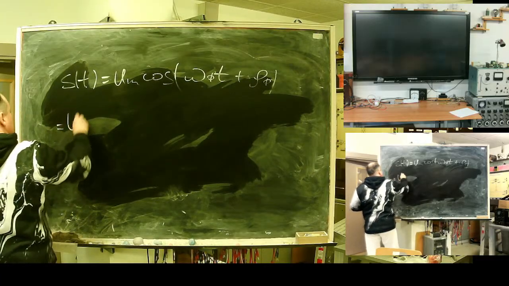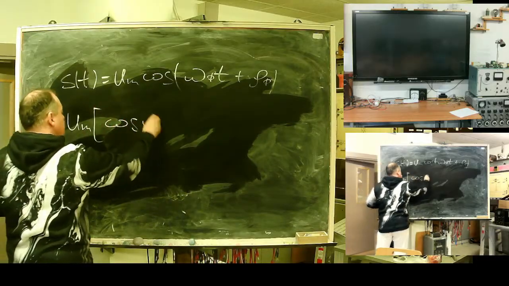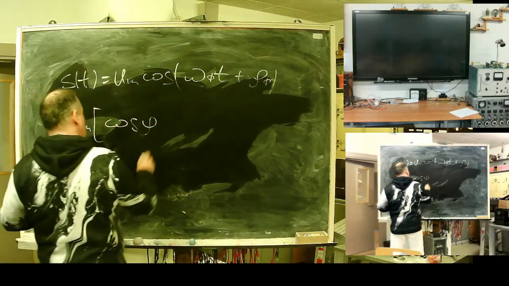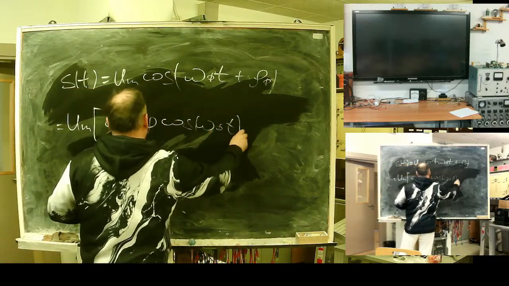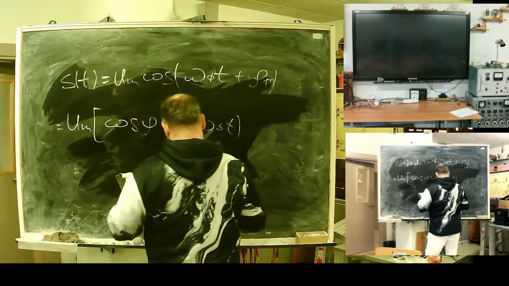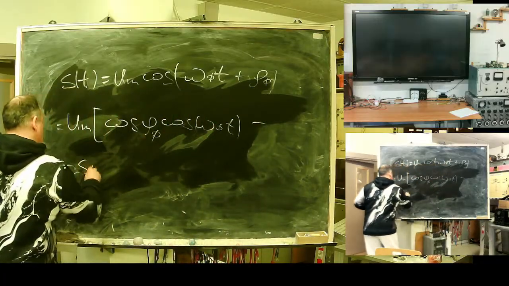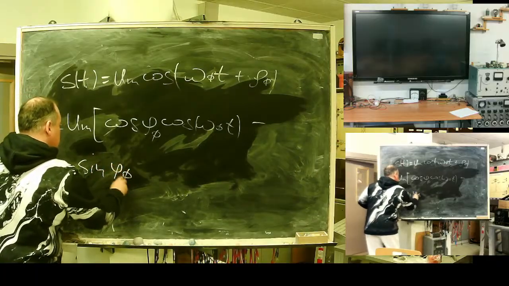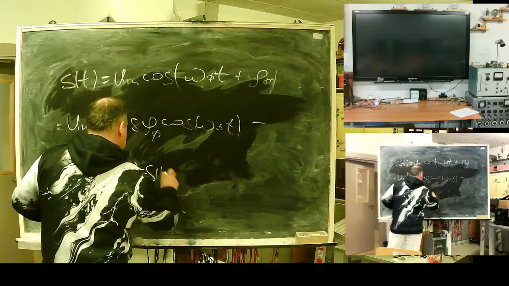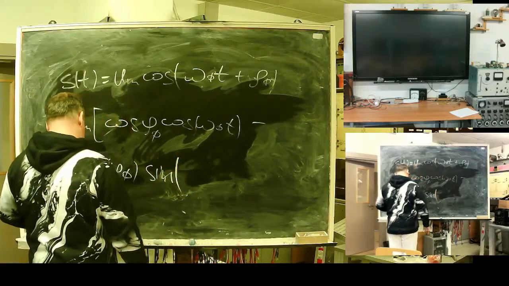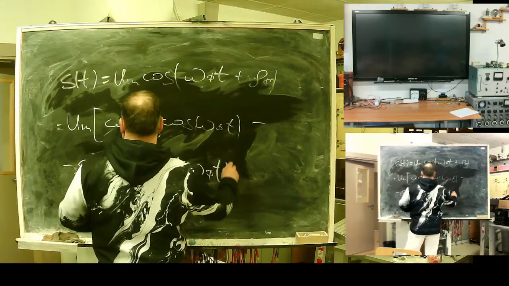It can be rewritten as A max cosine phi 0 cosine omega 0 t minus sine phi 0 sine omega 0 t.